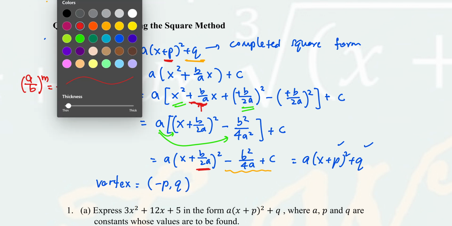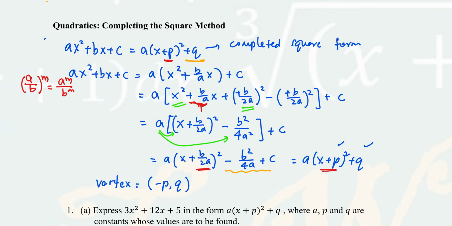How to get the minus p is basically just let this x plus p be 0, so your x is minus p. It depends: if your a is positive, then this is going to be a minimum point. If your a is negative, then this is a maximum point. This is maximum when a is less than 0, and it is a minimum point when a is more than 0. Okay, so that's all for the completing the square method.